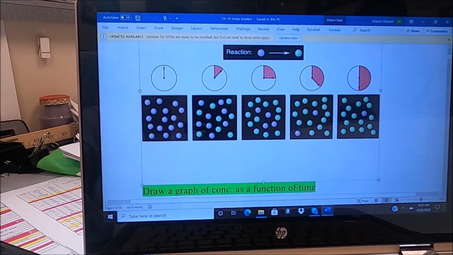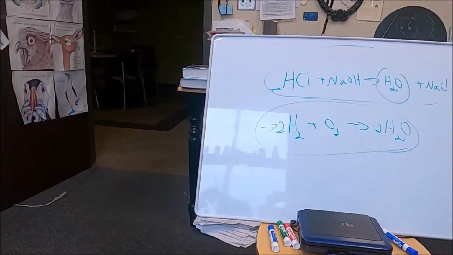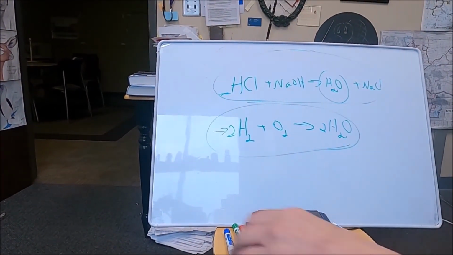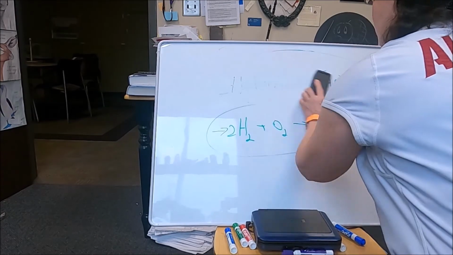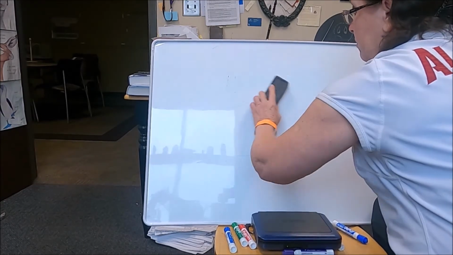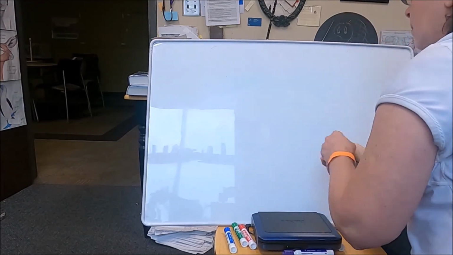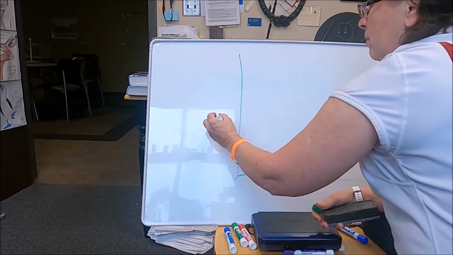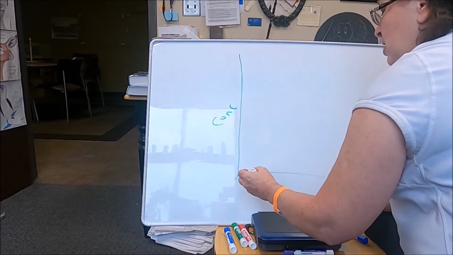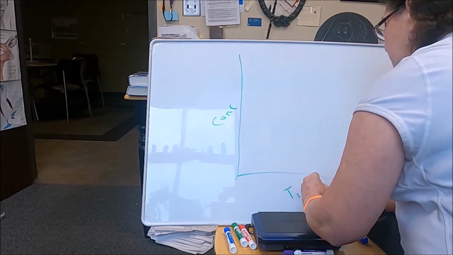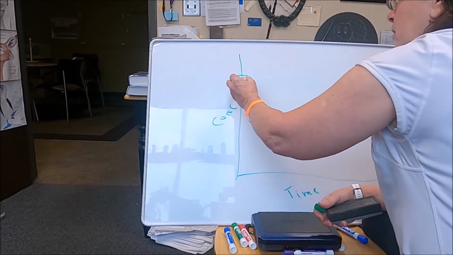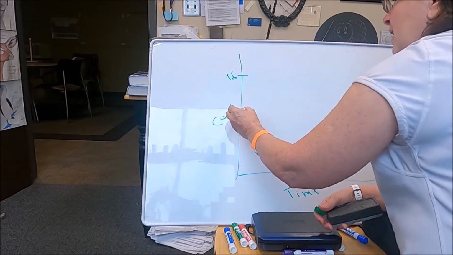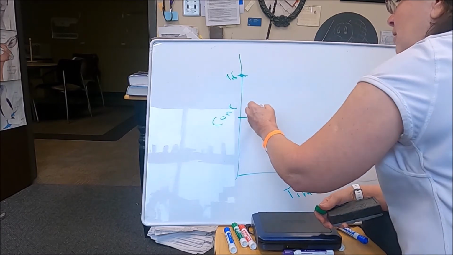Now, I'm going to draw a graph here for you. So I'm going to put concentration here, time down here. So we started out with 16 at time 0.